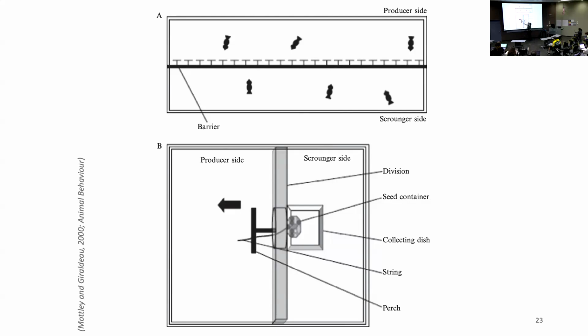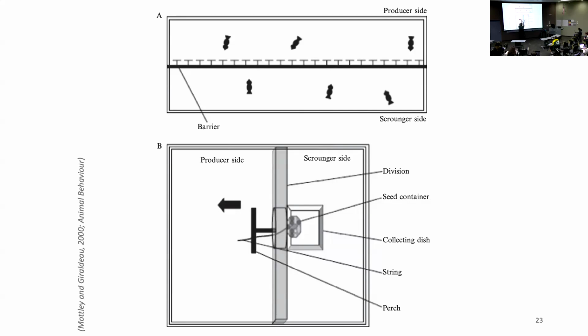If you're on the producer side, it's the number of seeds that you can manage to get access to before the scroungers can run over. So it's going to be an average. You could do a pilot experiment, put six birds in here, wait until a bird pulls this, and then count how many seeds that bird gets.